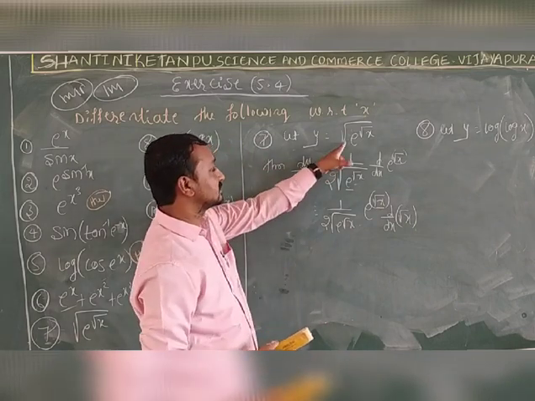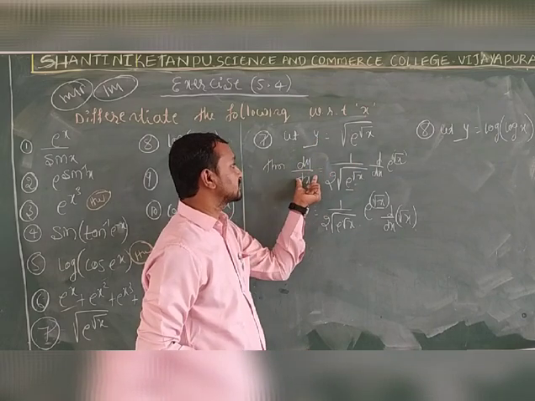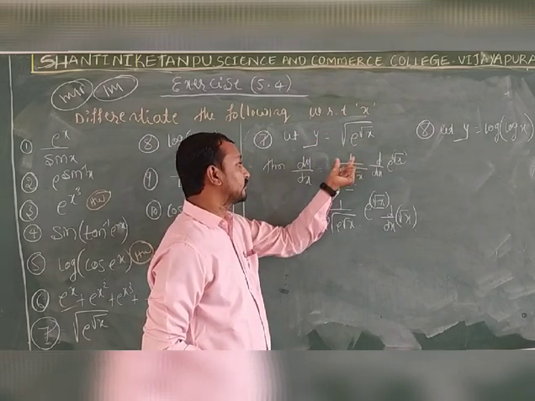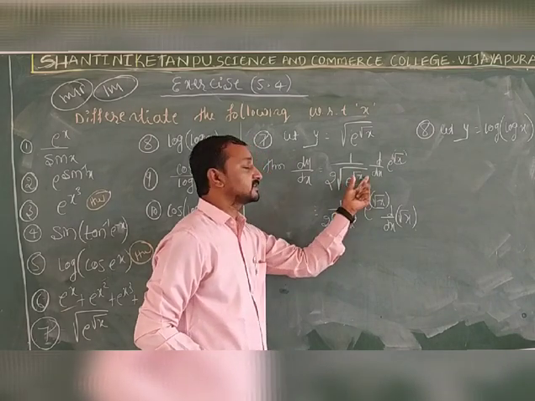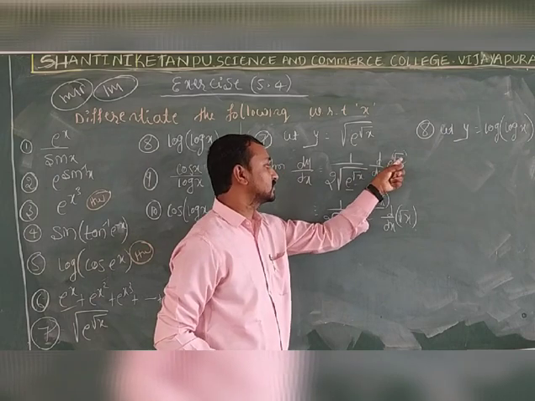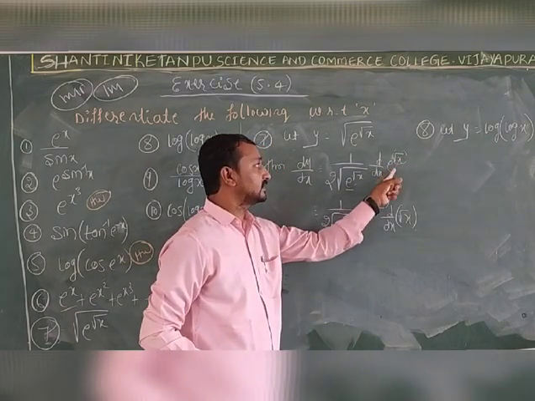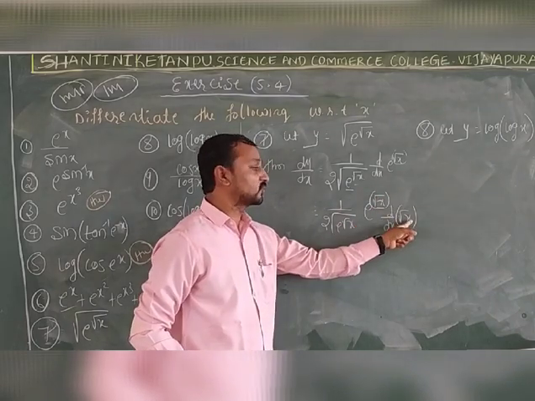Okay, see that? This is the form root x. The derivative of root x is 1 divided by 2 root of x. Instead of x, what is there? e raised to root x. Then differentiate this function, d by dx of e raised to root x. The derivative of e raised to x is e raised to x. Instead of x, what is there? Root x.